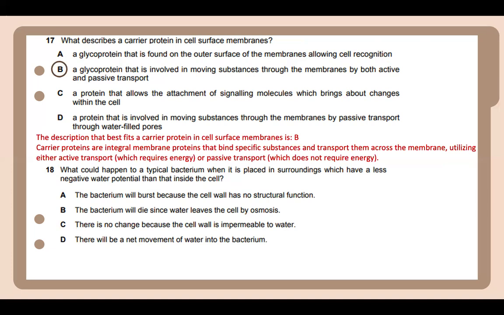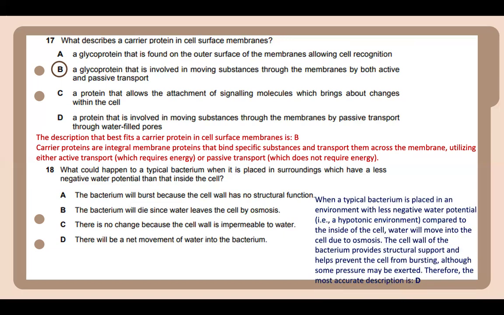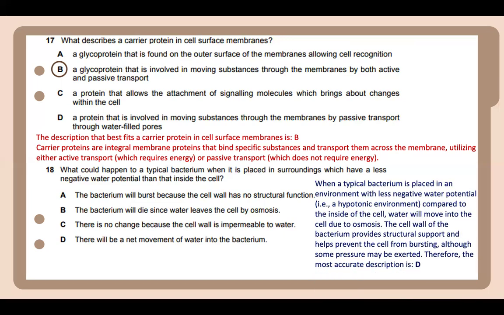What would happen to a typical bacterium when it is placed in surroundings which have a less negative water potential than that inside the cell? When a typical bacterium is placed in an environment with less negative water potential, for example a hypotonic environment, compared to the inside of the cell, water will move into the cell due to osmosis.